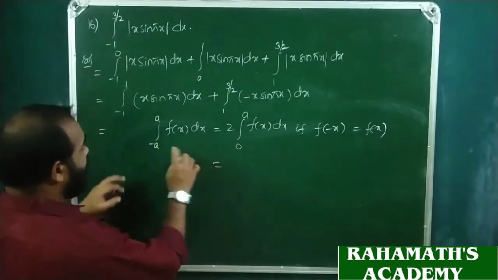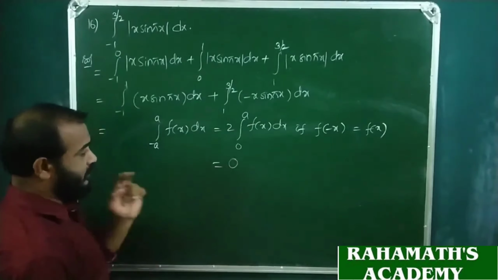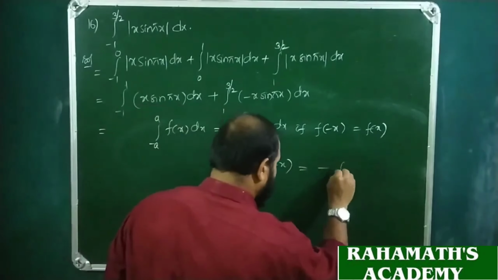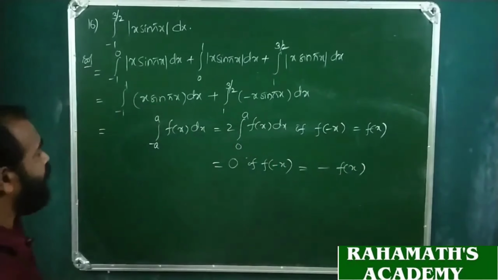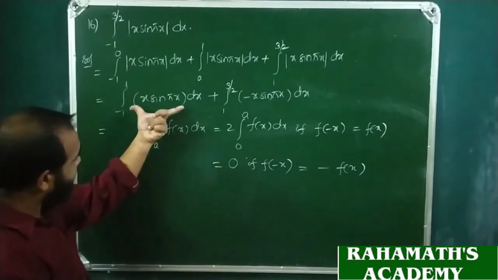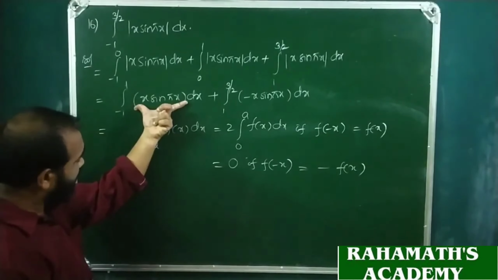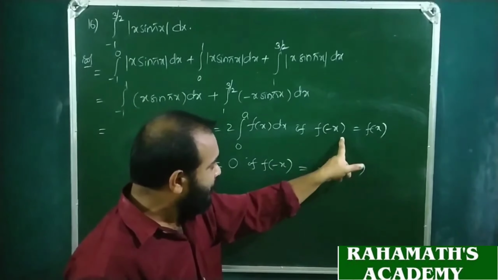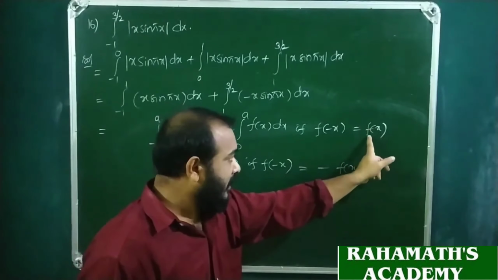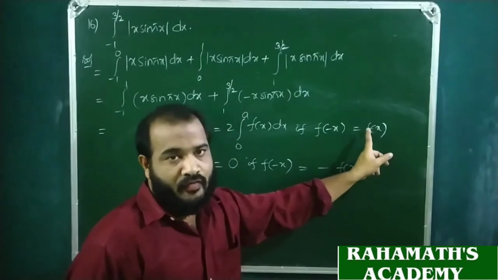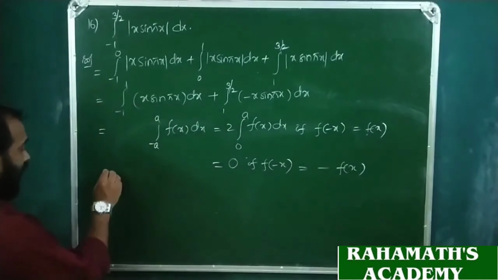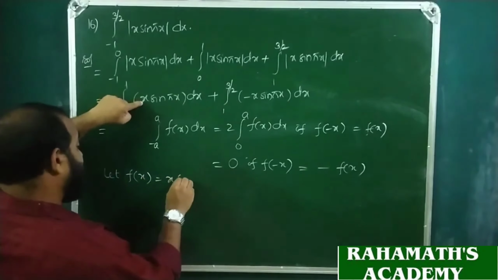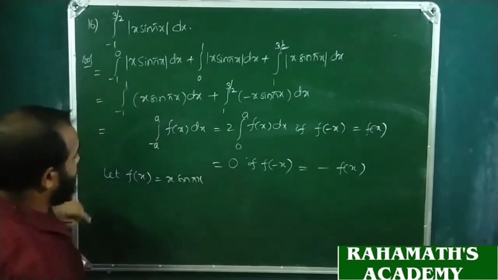The same integral is going to get 0 if f of minus x equals minus f of x. So let us examine first by taking f of x to be this, and if f of minus x on substitution, let us check whether we are getting f of x or not. So let f of x equal x sine pi x.